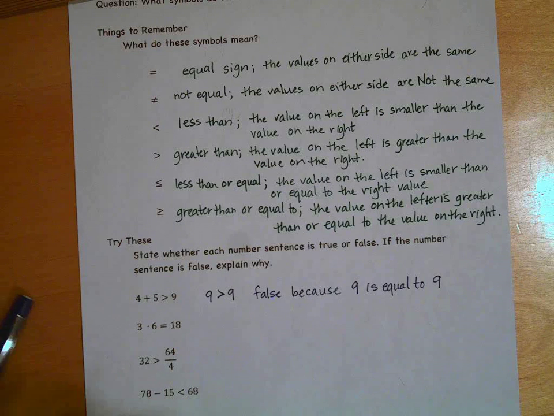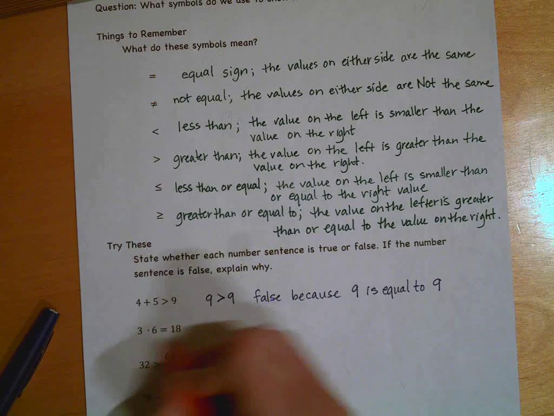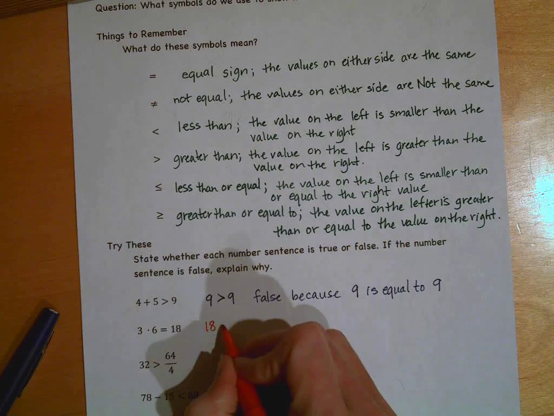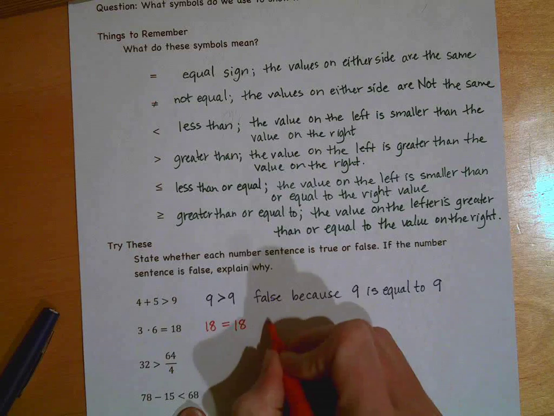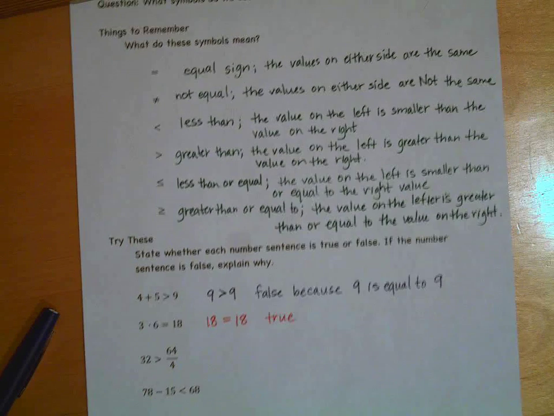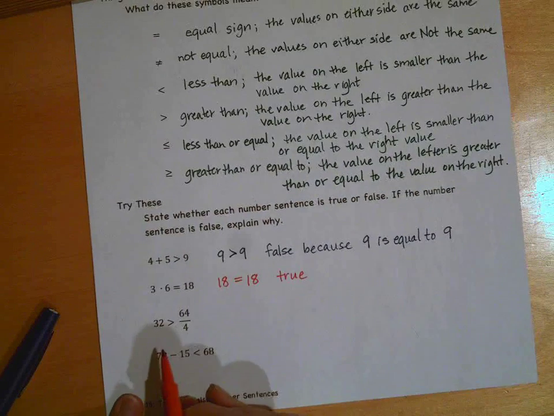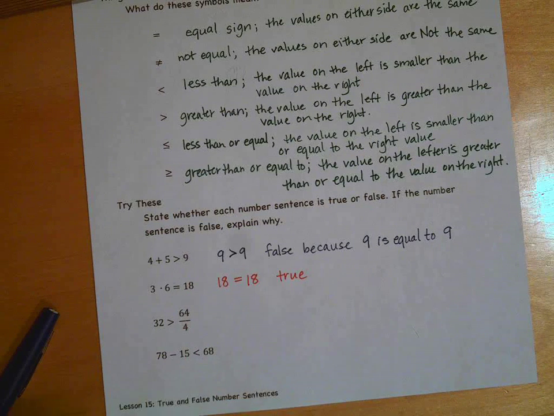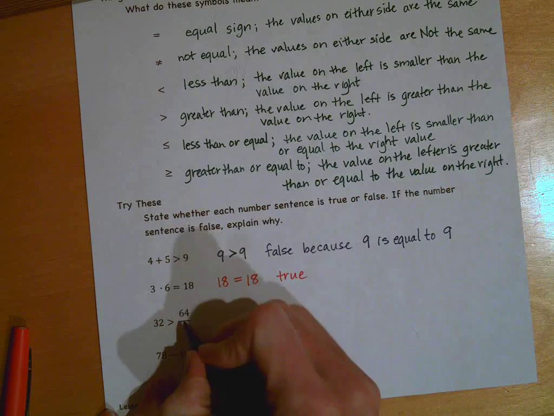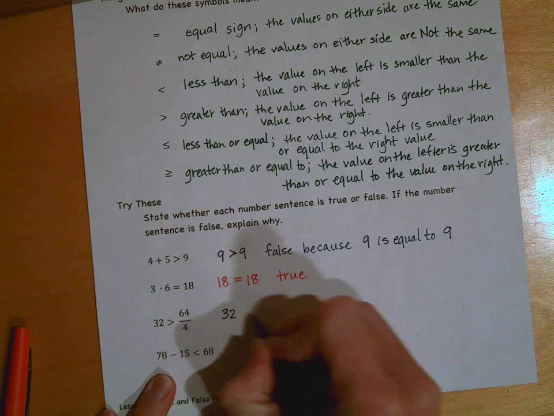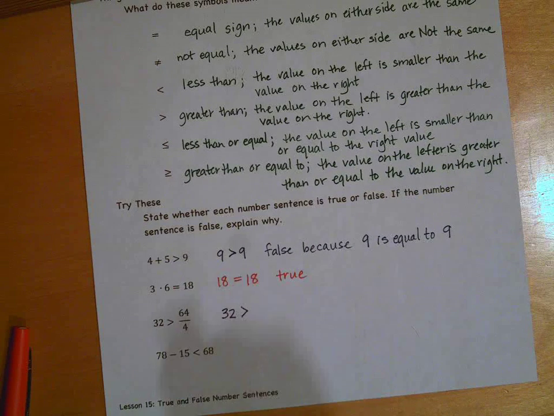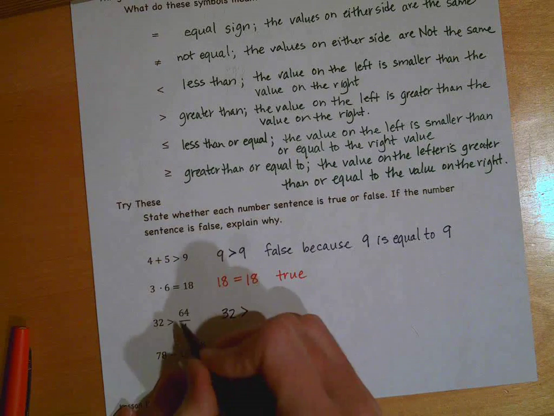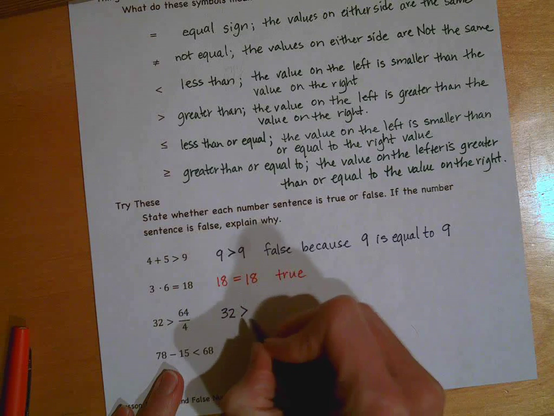All right, so now let's look at the next one. It says 3 times 6 is equal to 18. So 3 times 6 is 18, and I would agree that 18 equals 18, so we're going to write true. Then the next one says 32 is greater than 64 divided by 4.